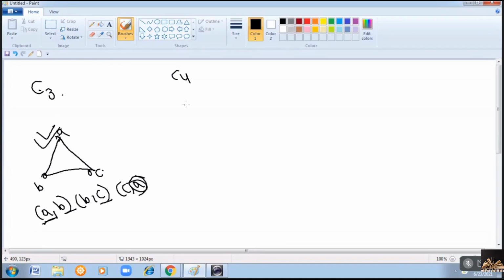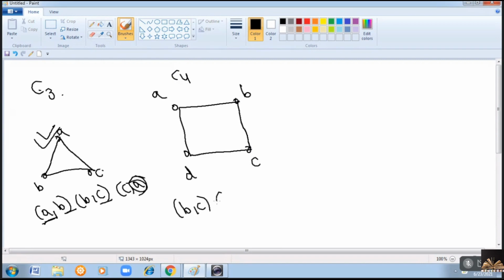Now if you have 4 vertices, then it is a cycle graph of length 4. Let us suppose it starts from B, travels through all the vertices and comes back to the same. So BC, CD, DA, AB, started and ended at the same point.